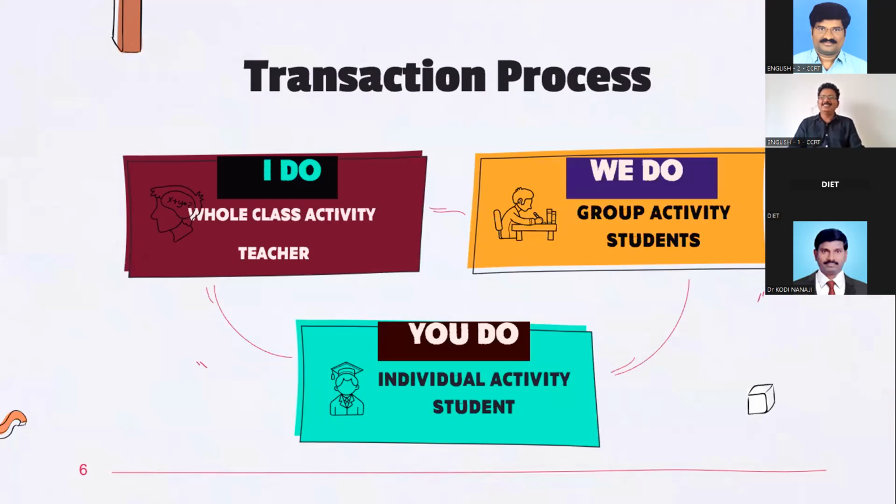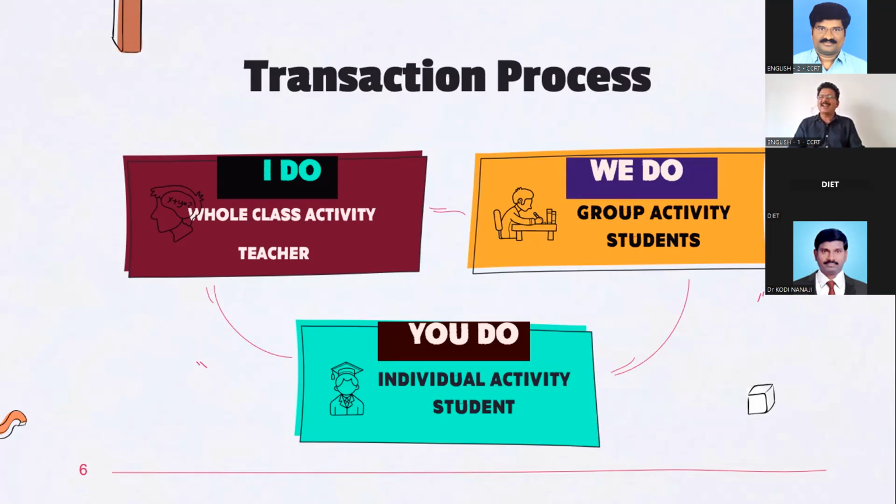I'm repeating again and again that during this transaction process, we are going to follow these 3 steps. The first one is I do. It's the whole class activity where the teacher plays an important role through interaction.